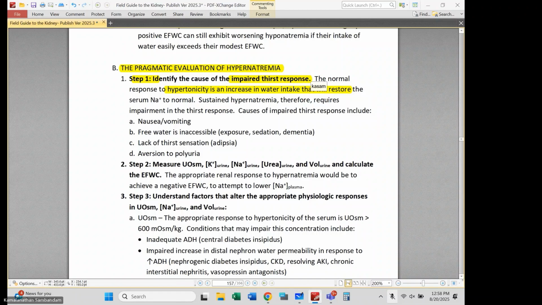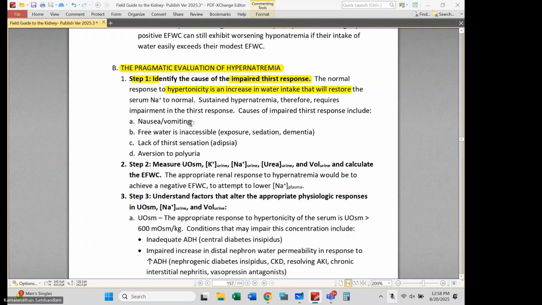Yeah, she's acting normally, meaning she's not totally altered. And then you ask, well, was she telling you she's thirsty? No, she's not telling me she's thirsty. That tells you that not only did this patient just come in volume depleted from excess water losses, we'll spare the details of how she got water losses, but she also has an impaired thirst response, even when she's supposedly normal. Because you can't have a sodium of 160 and not be thirsty. Even a child would tell you that. People who have kids will understand that I'm thirsty. They don't just say, I'm hypernatremic.